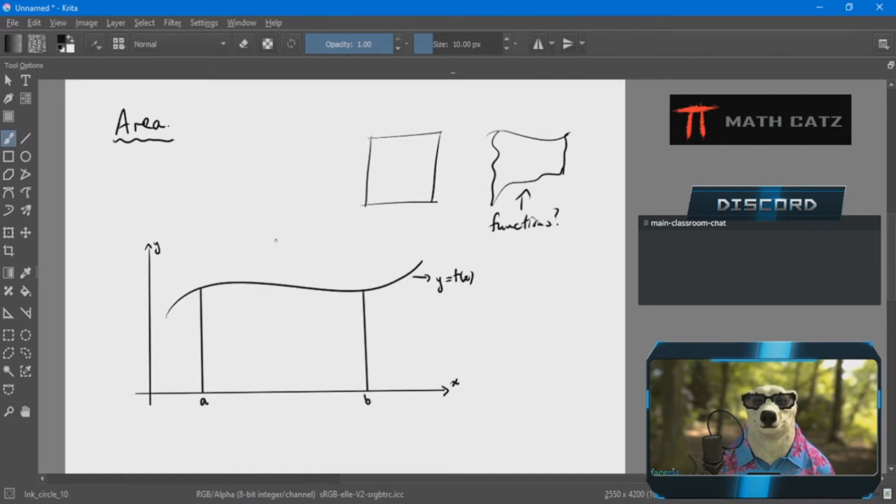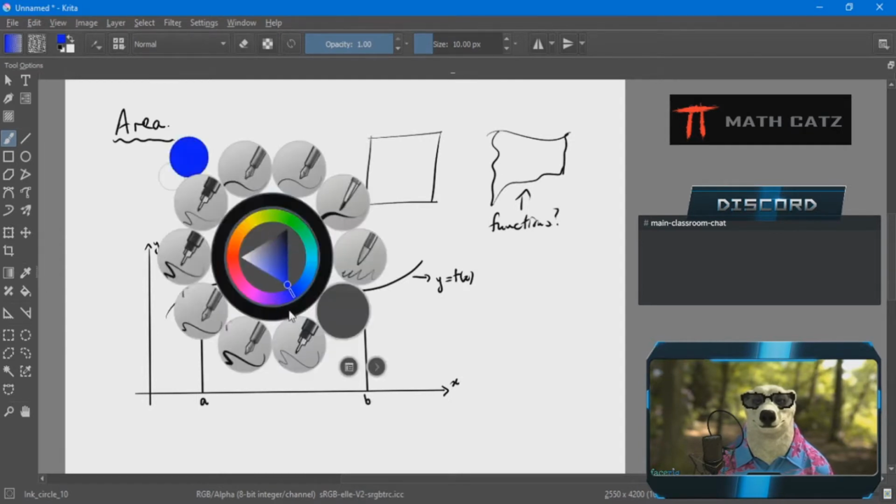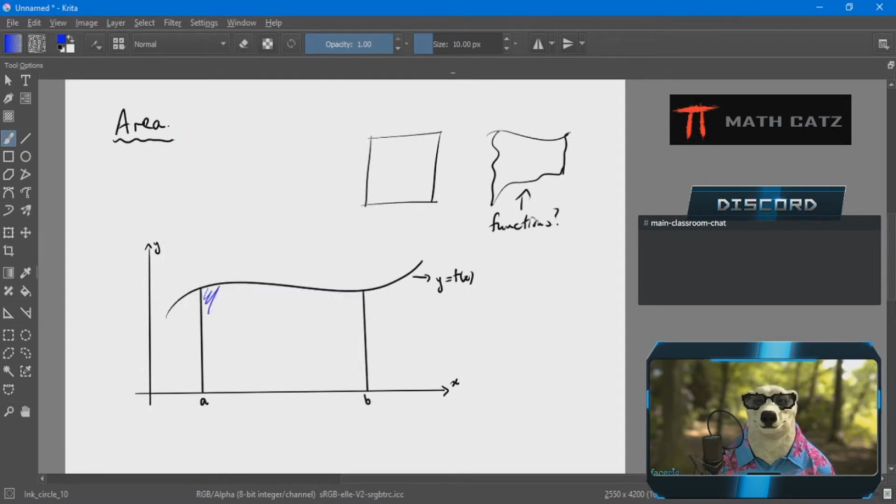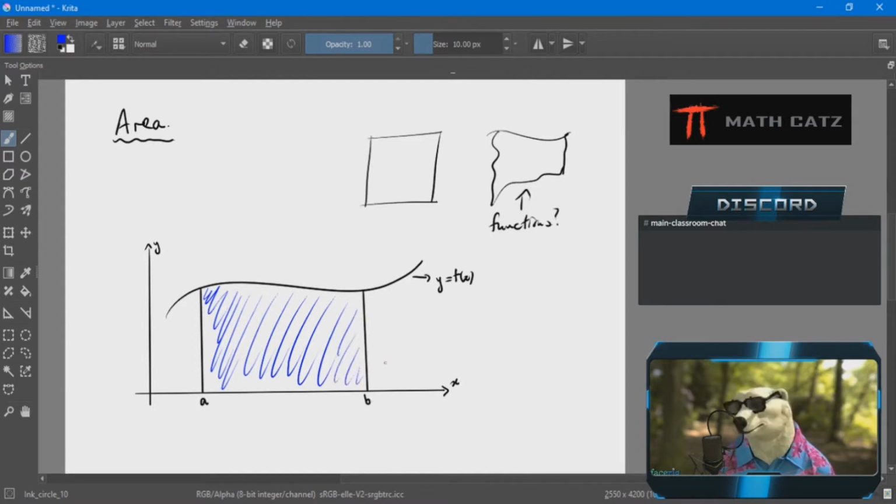So now I'm interested in this blue area. This blue area is close to a rectangle, but it's not exactly a rectangle. And it's very important to accurately calculate what this area is.